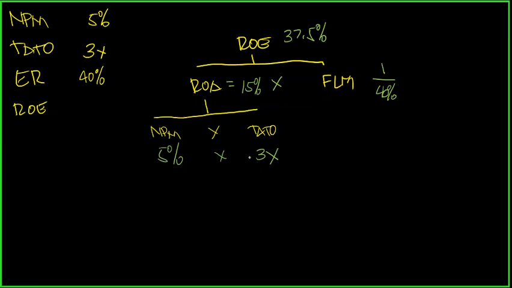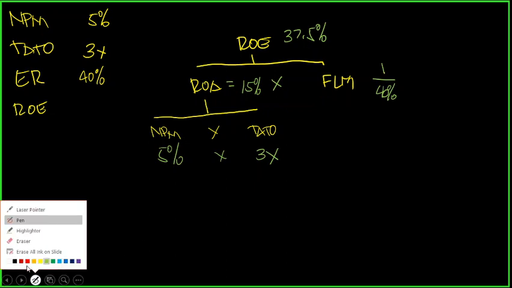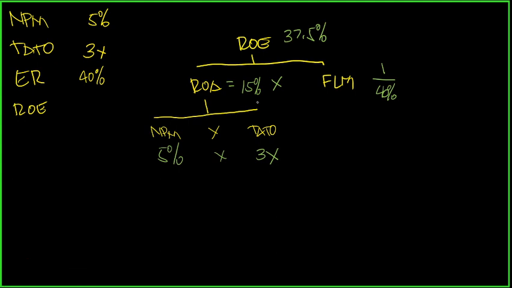Now, how are you going to use this for planning? Let's assume, assuming my mathematics is correct, that management is not happy with 37.5% and wants to increase the ROE to 40%. So what are they going to do?